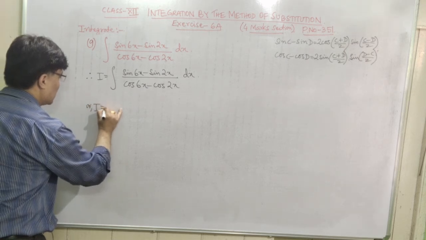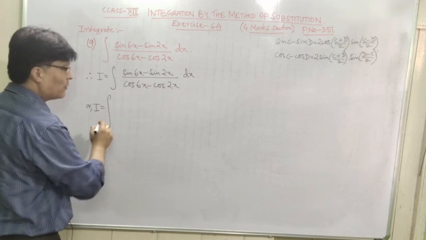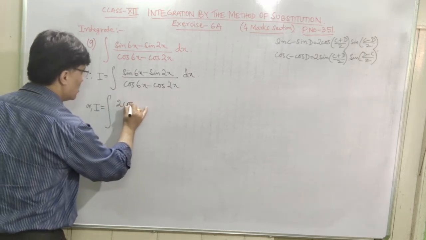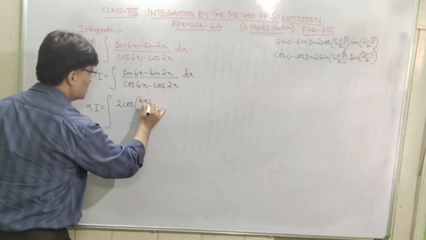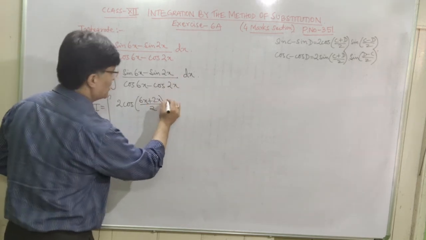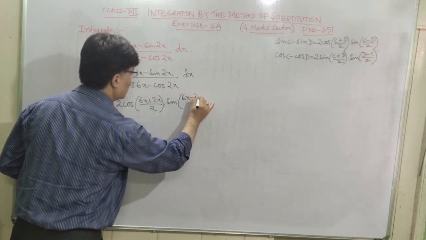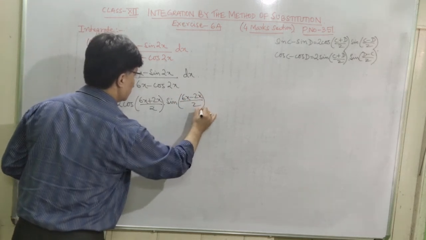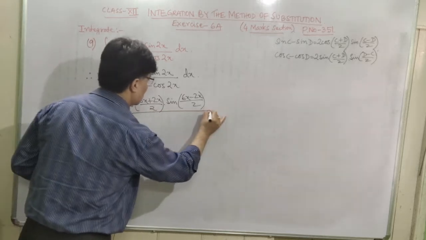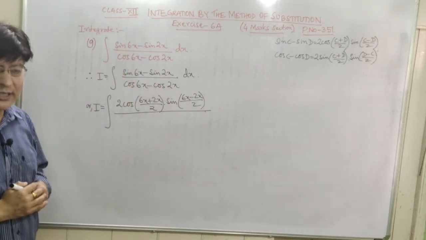I is equal to the integration of, for sin c minus sin d, you can use the first formula: 2 cos of c plus d, that is 6x plus 2x by 2, into sine of c minus d by 2, that is 6x minus 2x divided by 2. This whole divided by, in the denominator, cos c minus cos d.